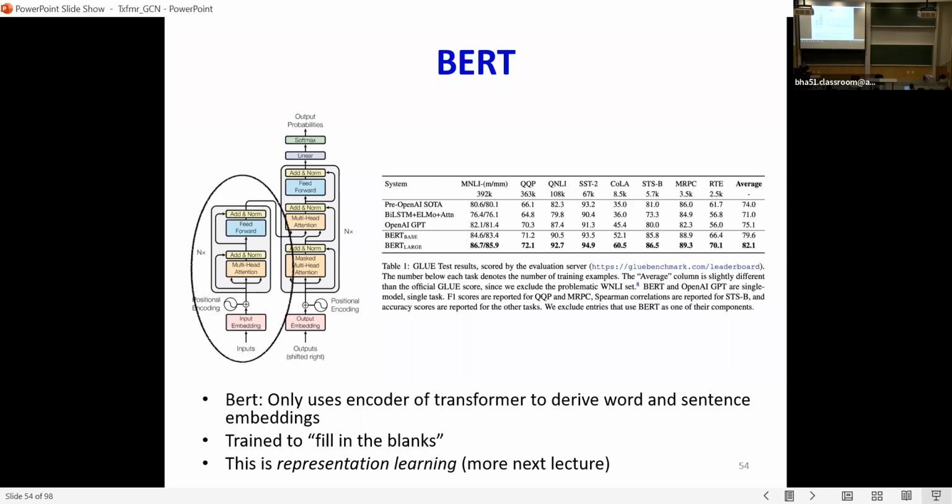Contrary to GPT, which tends to be more of a zero-shot model that you just immediately use, BERT is like a pre-training for embeddings, and then you tend to use these embeddings as input for all of your models and do fine-tuning. This is very related to representation learning that you will learn more about on Thursday, I think.